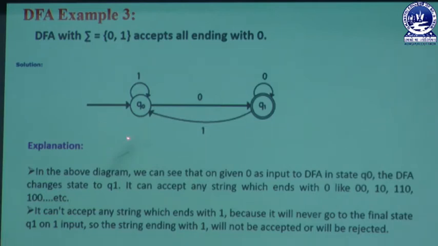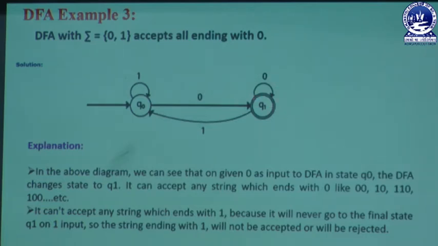So whenever the user takes a parameter like 0, Q0 must generate a new state that is known as Q1, and that Q1 is the final state in this diagram. Whenever the user provides the 0 input to Q1, it is self redirected.